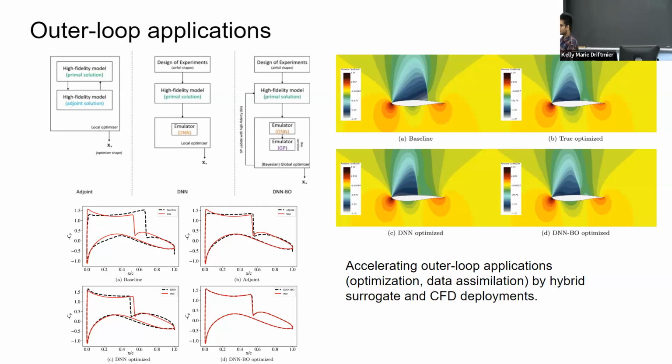So if you build a machine learning surrogate model of your map from design to quantity of interest, in this case, the quantity of interest was lift-constrained drag, where we wanted to minimize drag, constrained to a certain lift, and then perturb the shape of the airfoil. So this was defined by some polynomials. So you perturb the coefficients of the polynomials and you get a different quantity of interest.